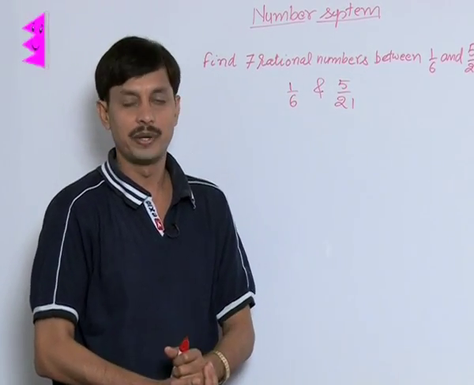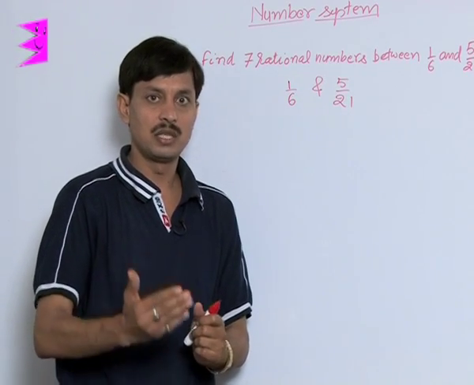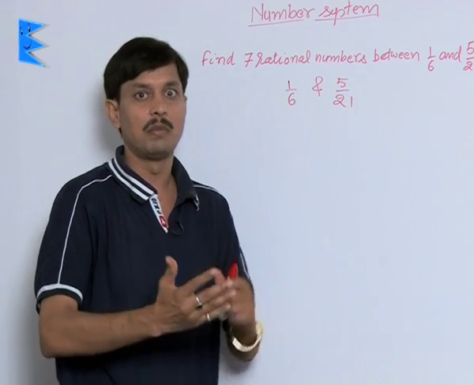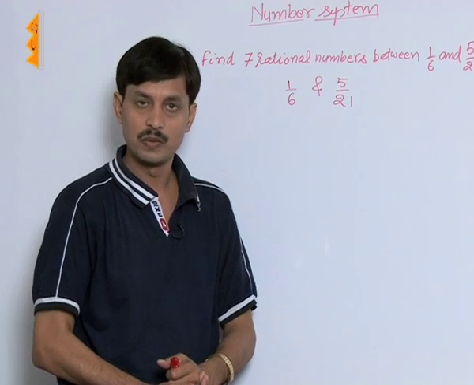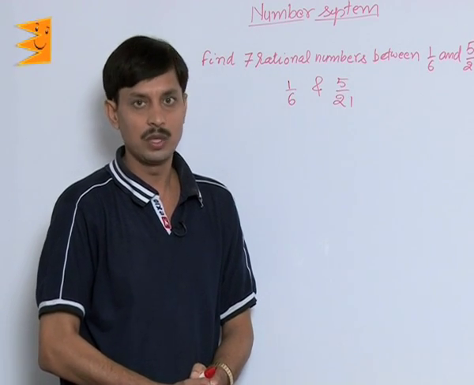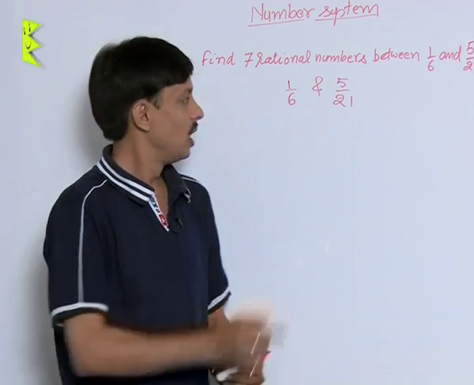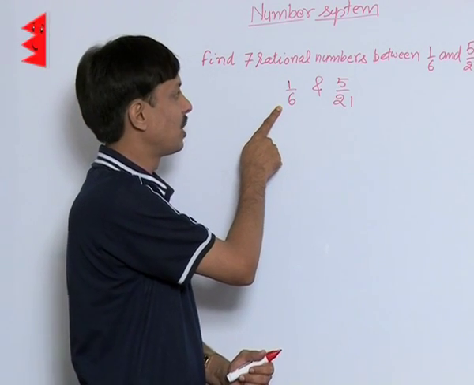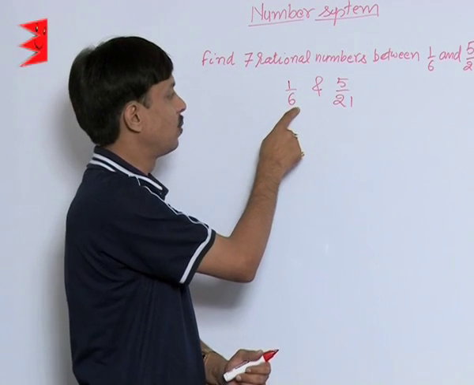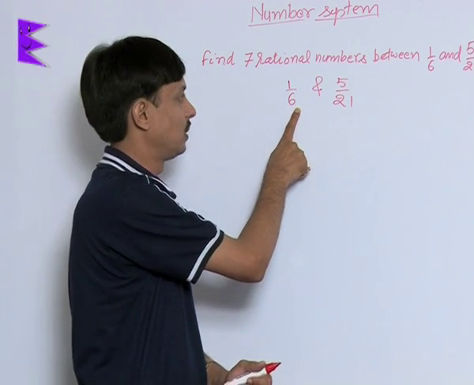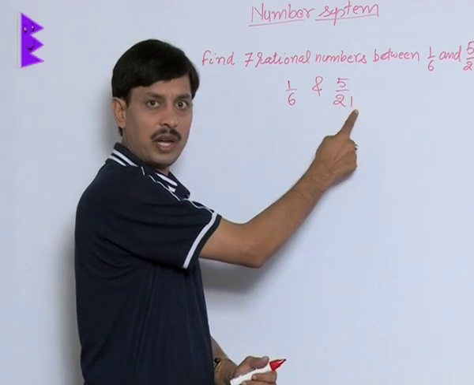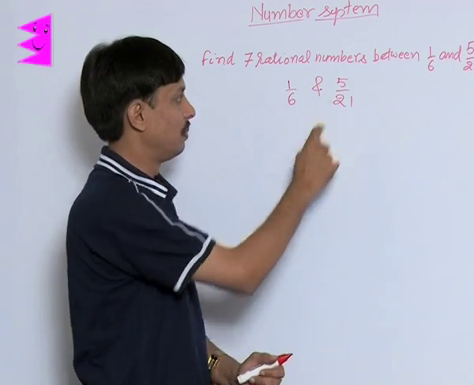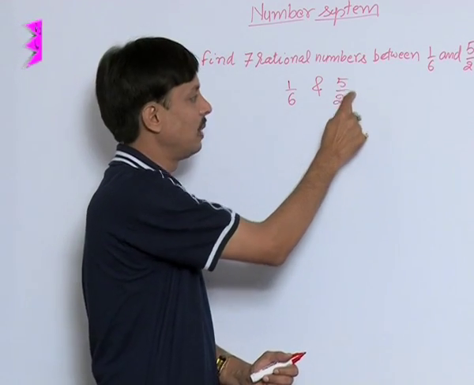But before that, as you know, rational numbers are numbers in the form of P by Q, where P and Q are co-prime and Q is not equal to 0. In P by Q, 1 by 6, P and Q are both integers having no common factor. So the first one is clearly rational. 5 by 21 is also rational, because in P by Q, P is 5, Q is 21.